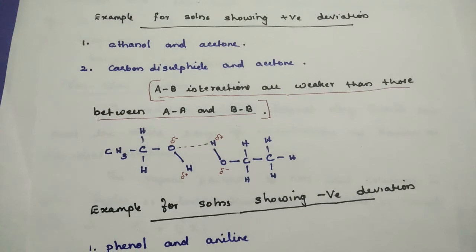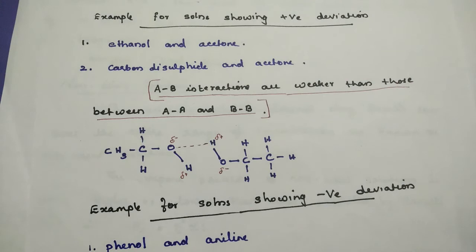In the same way we can explain the carbon disulfide and acetone solution also. The dipolar interactions between solute and solvent molecules are weaker than the interactions between solute-solute and solvent-solvent molecules. So here also it shows positive deviation.